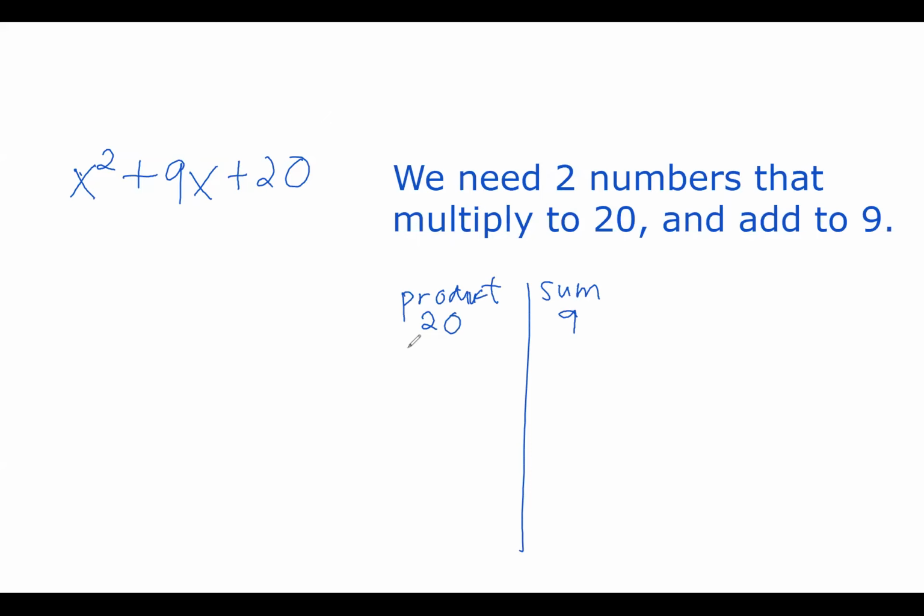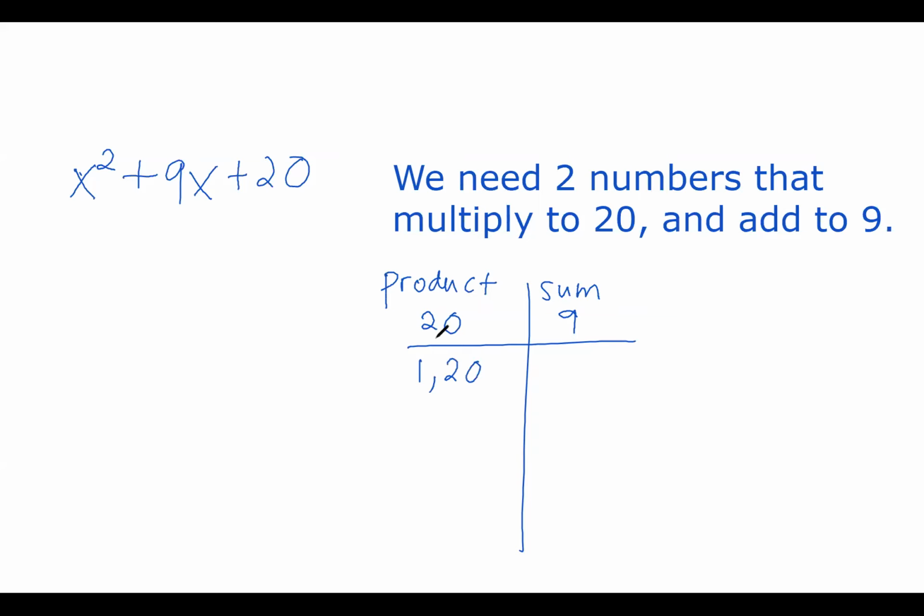So here's what I usually do. I start listing factors of 20. I start listing numbers that multiply to 20. And I'm going to start with 1. 1 times 20. Those are 2 factors of 20.